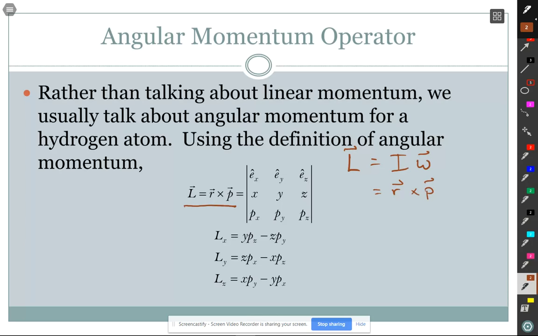If I have a ball coming toward a batter, the ball's not coming straight at the batter, right? It's supposed to be coming out here, hopefully in the strike zone. And so that ball not coming straight at the batter means that there's a certain angular momentum that you can calculate for the ball about the batter.